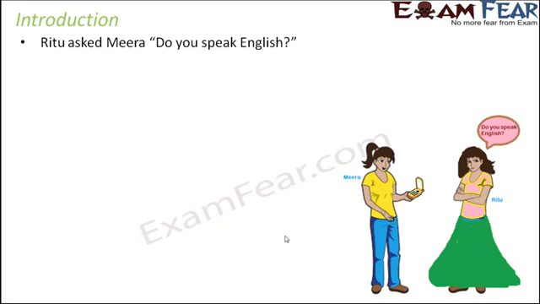So the original speaker is speaking in this case. This is what we call direct speech. Why direct speech? Because the speech directly comes from the speaker's mouth. Here the speaker is Ritu and she is speaking it. Therefore this is direct speech.